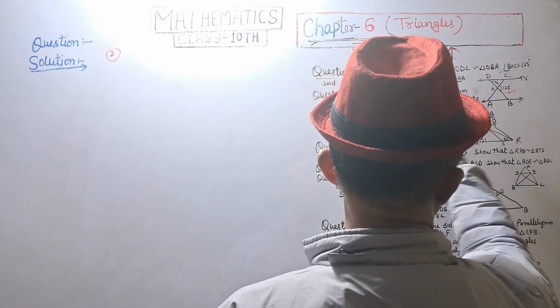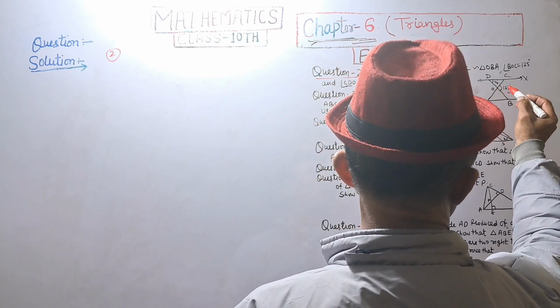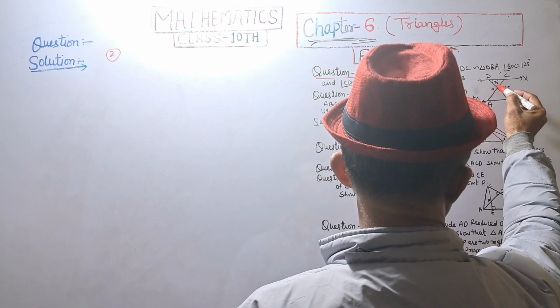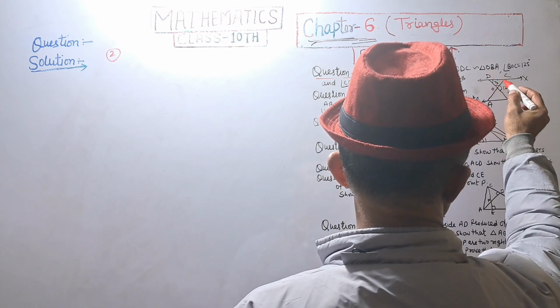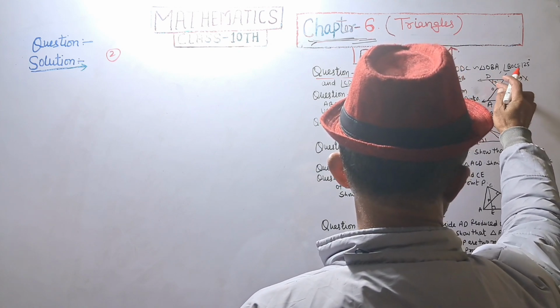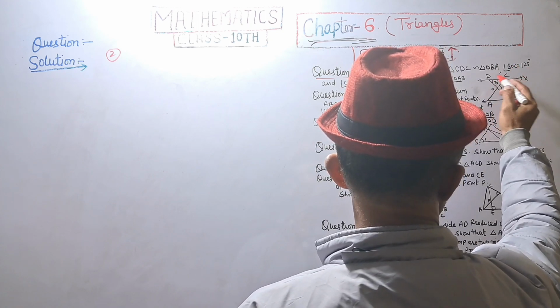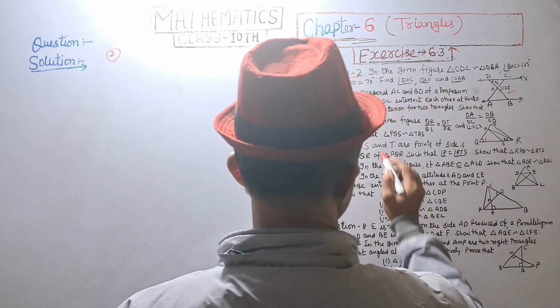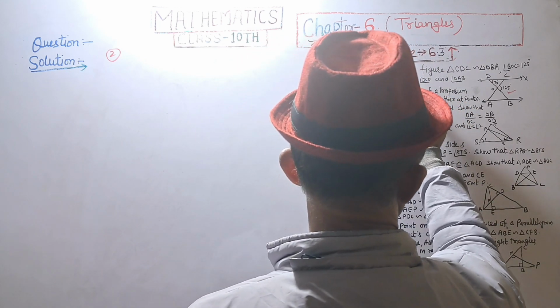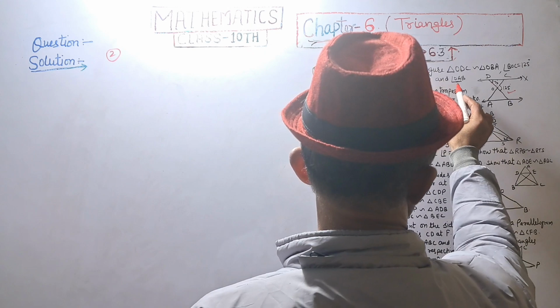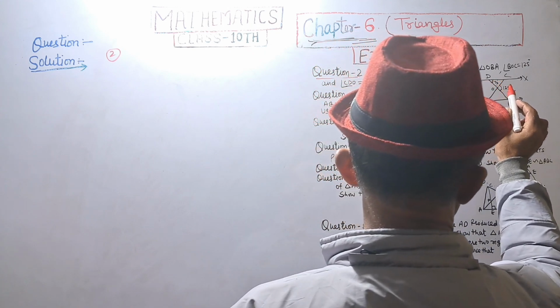Angle CDO is equal to 70 degrees. Find angle DOC, angle DCO and angle OAB.